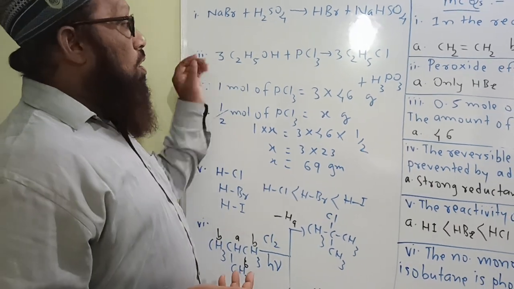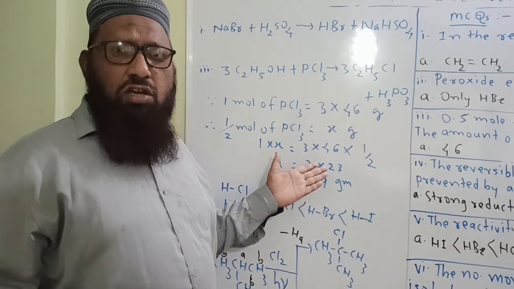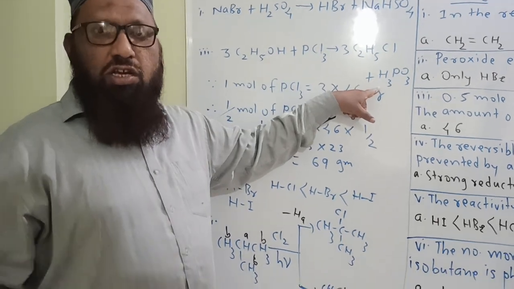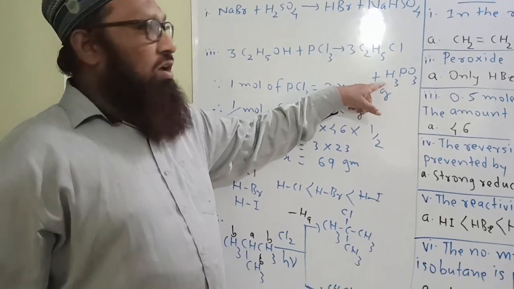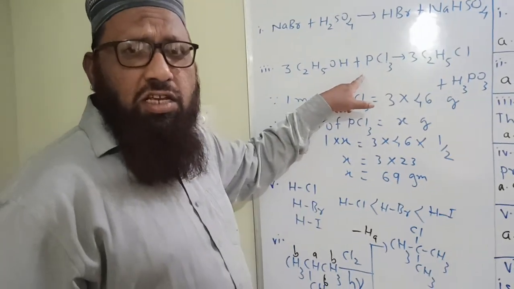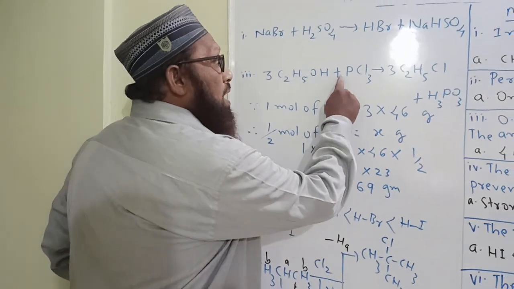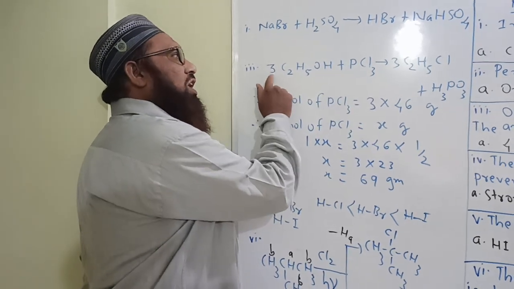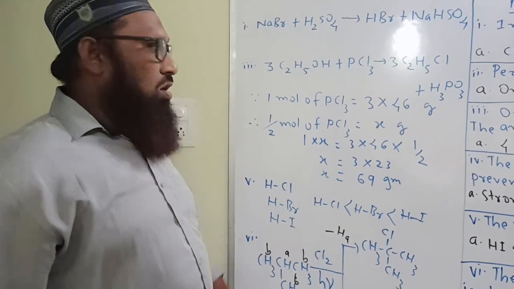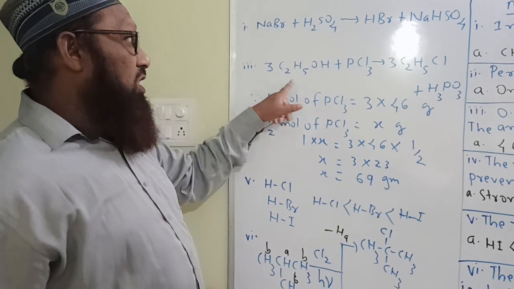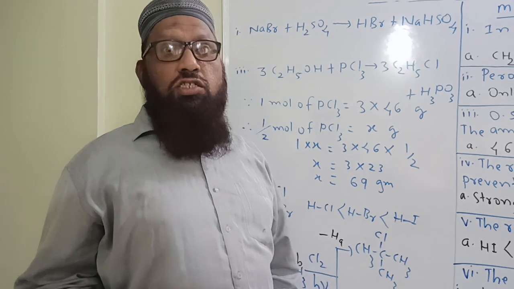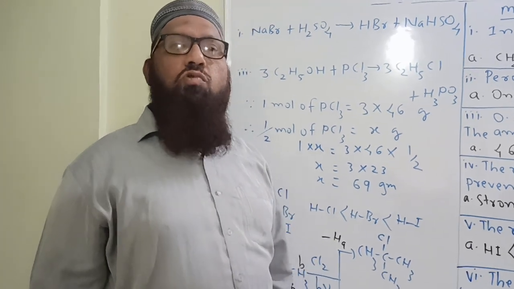Then according to stoichiometry, what is stoichiometry? The process of making calculations based on a balanced chemical equation is called stoichiometry. What does the stoichiometry tell us here? Here 1 mole of PCl3 reacts with 3 moles of ethanol. We know that 1 mole of any substance is equal to its molar mass.